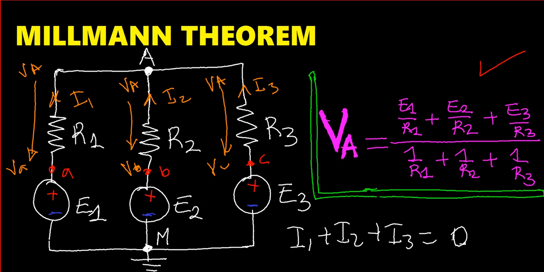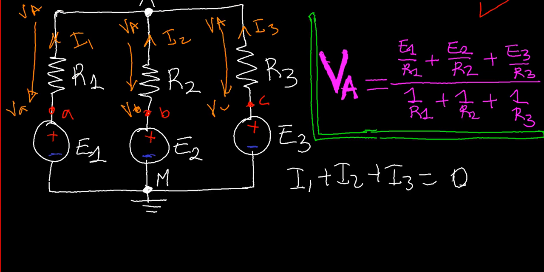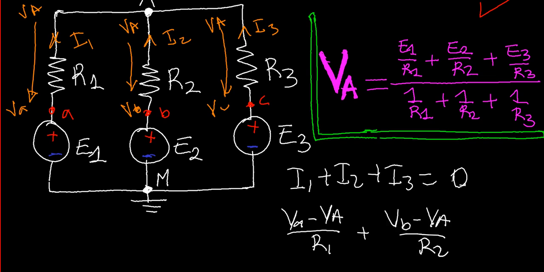When we have set it like this, let me send down so that I will get a small area. We discover that I1 is equal to VA minus V big A all over R1 plus V small b minus VA on R2 plus VC minus VA on R3.